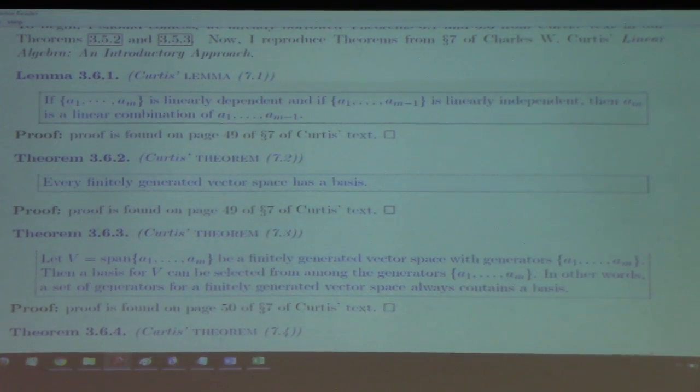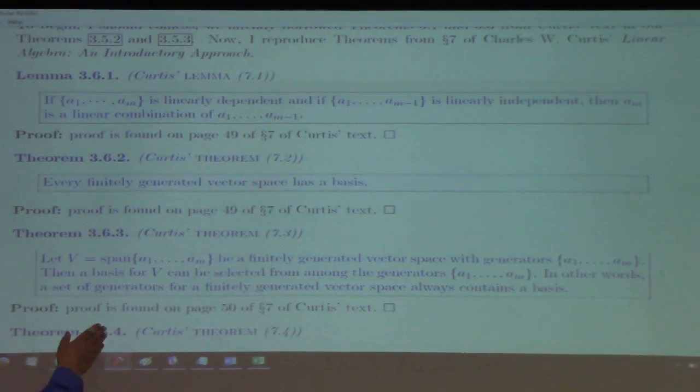If you have a linearly dependent set and you take one vector away and it becomes linearly independent, that means that the one you removed is a linear combination of the ones that you have left. Very intuitively natural, this theorem. Every finitely generated vector space has a basis. Very nice.